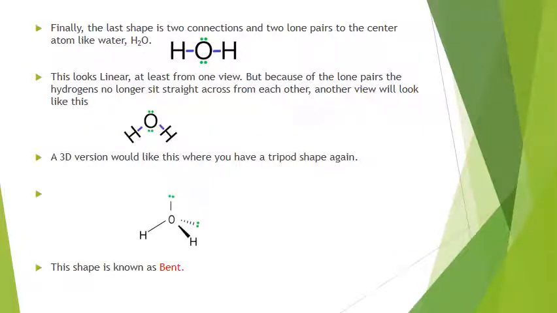Now we're going to go to water. Water looks like this. We figured that out before. Now they can swivel around, and they keep on hitting each other, and sooner or later the shape is going to kind of look like this from one view. From another view it will look like this.